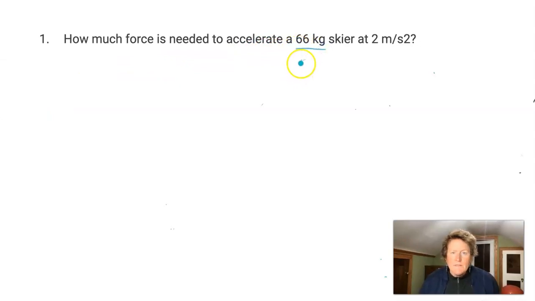We have 66 kilograms, so that's a mass, and 2 meters per second squared, which is an acceleration. The question asks how much force, so I'm going to put a question mark under force, so we know that's what we're looking for.